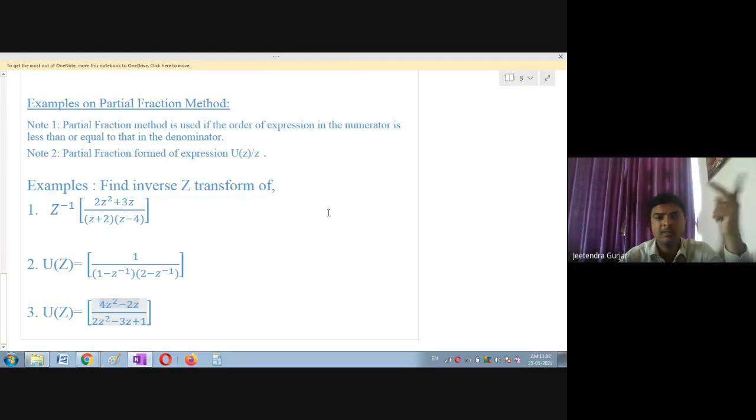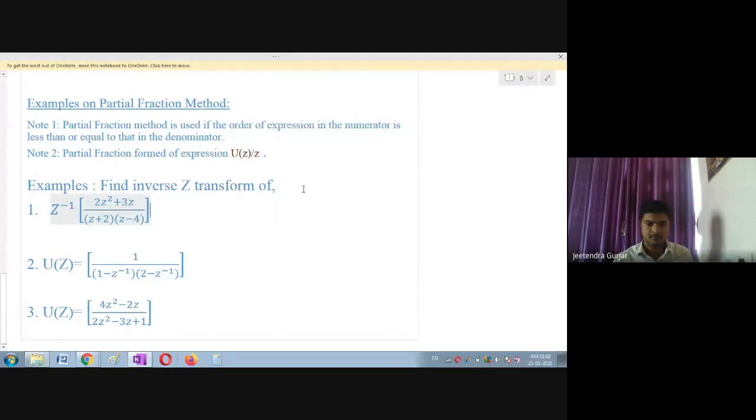Again, you have to remember the second very important point in partial fractions, students, that is the partial fraction form of the expression, U(z) divided by z. You are going to express the value they have given as the Z transform in this form, that is U(z) divided by z, students.